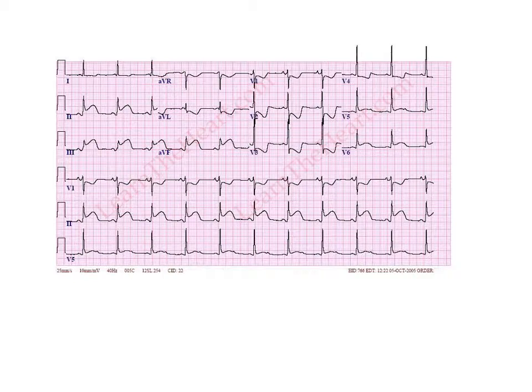All right, next one. Again, I'll go over this again just in case when I backed up the recording cut it off. What do I see? Let's look at the rhythm strip first. Lead 2. I noticed that there's some ST elevation, but let's look past that for a second. Is this regular? Yep. The R waves are pretty equally spaced. Is there a P wave before each one? Yep.